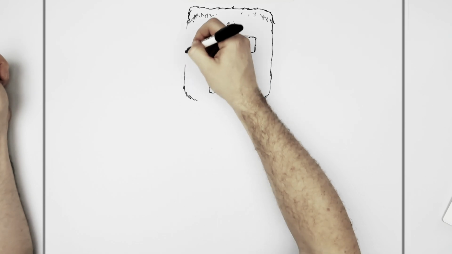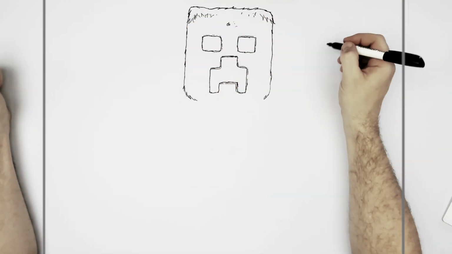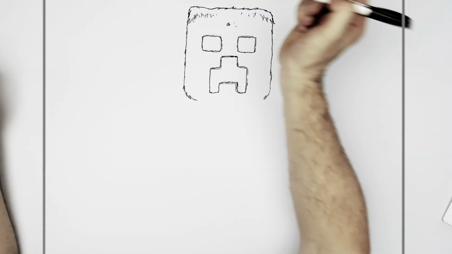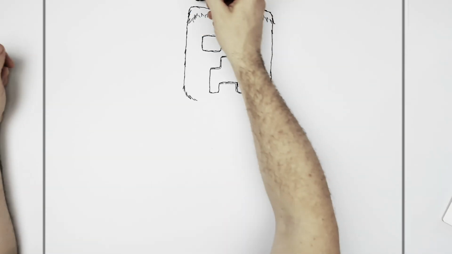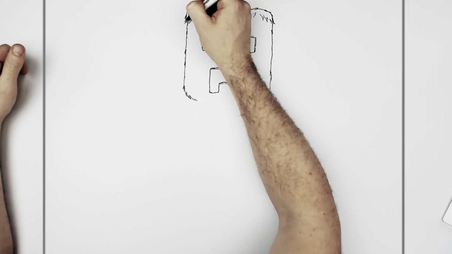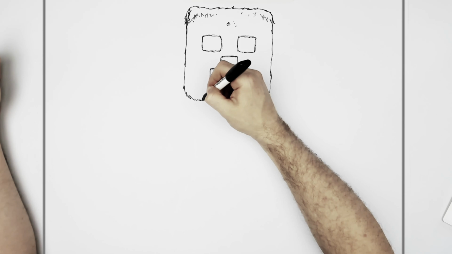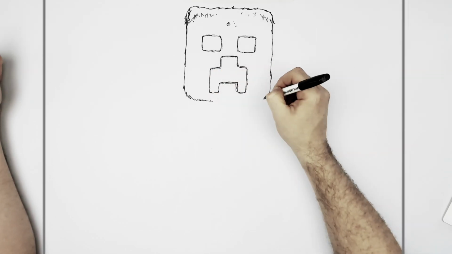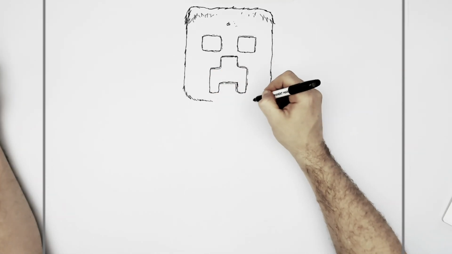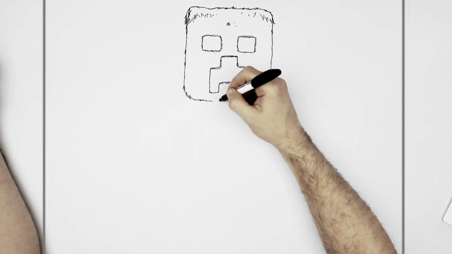And we just join those together, adding a hair or two as we go. Maybe make this wider a bit up here. More hair sticking out. And we go underneath his chin. Very fluffy and furry.